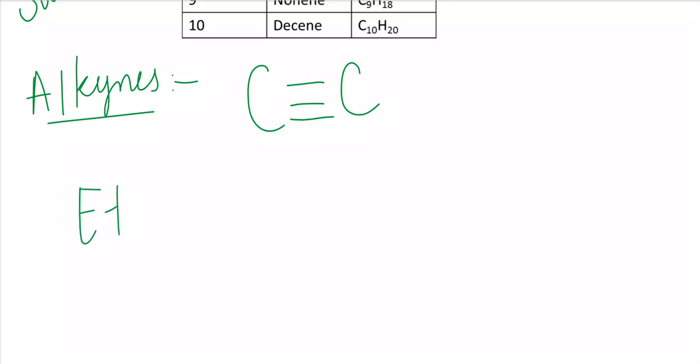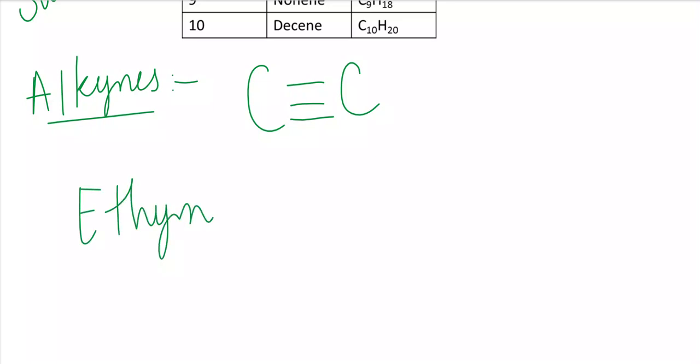This is the third family of the hydrocarbons, and the alkynes are also unsaturated hydrocarbons, as the molecule contains a carbon-carbon triple bond. There should be one triple bond present between the two carbon atoms. The simplest member of this family is ethyne.